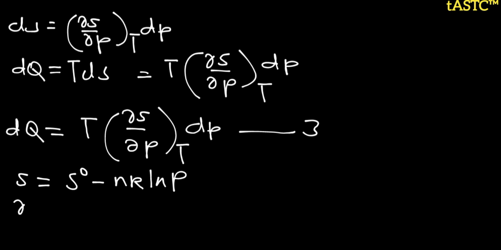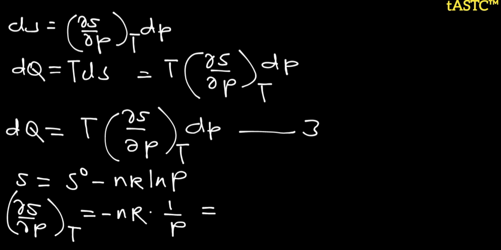So that will be dS dP, at constant T. This is actually a constant, so differentiating this would give us a 0. So we're going to have a negative nR, and we need to differentiate ln P with respect to P at constant T. That would give us 1 over P.